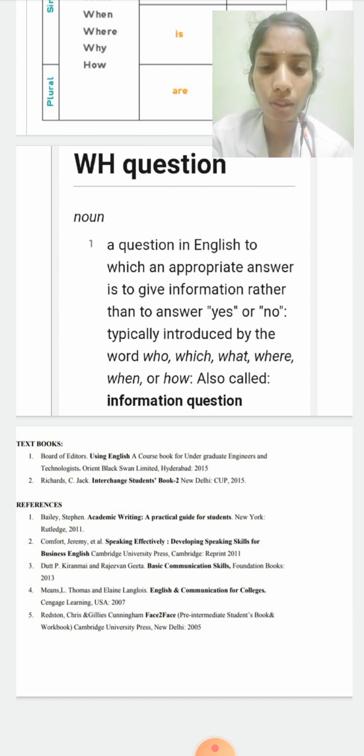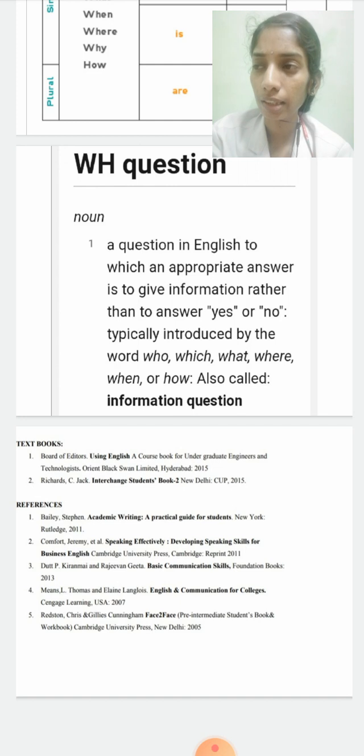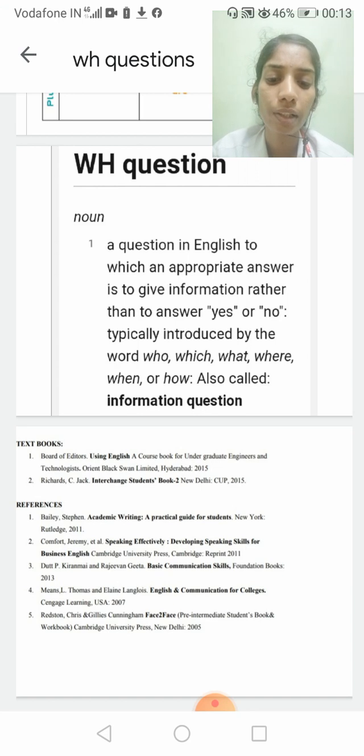In this Communicative English book there are two authors, and the most famous one is Richard C. Jack. You can even see his grammar book for reference. These references will help you for sure.